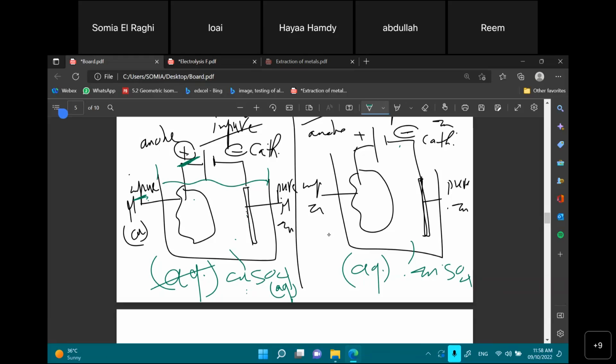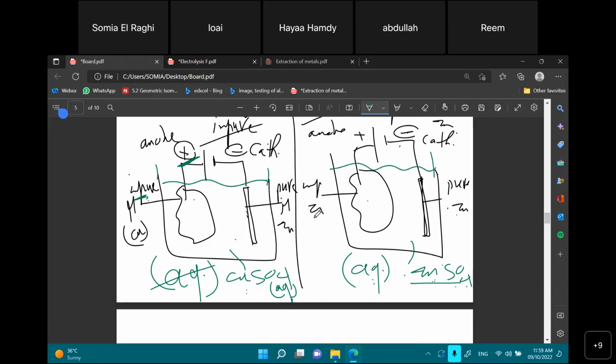We never use solid. With the same idea here, impure zinc at the anode, pure zinc at the cathode, and then we cover the two electrodes with aqueous zinc sulfate. What's the meaning of aqueous? I dissolve this material in water.